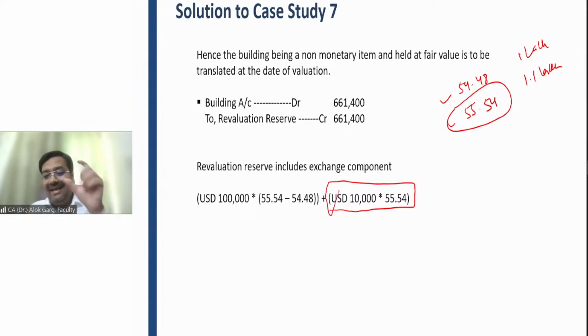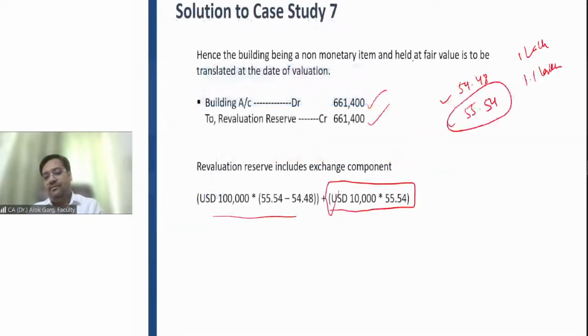This increase of 10,000 in the valuation of the building has to be multiplied by the closing rate, I mean the rate on the date of fair valuation, plus on 1 lakh, you have to recognize the exchange difference between the spot rate at the time of initial recognition and the closing rate, the rate on the date of fair valuation. So this will come as 6,61,400, right? So this building will be debited and the entire 6,61,400 will go to other comprehensive income.